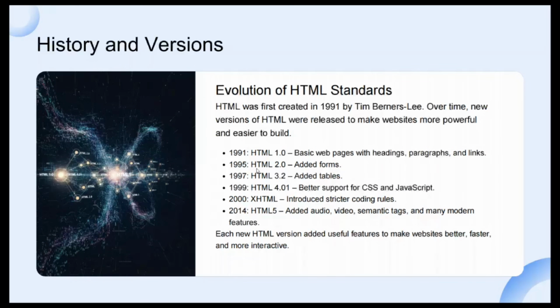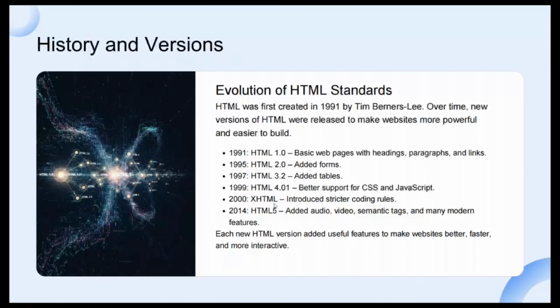And in 1995, HTML 2.0 was released with added forms functionality. In 1997, HTML 3.2 added tables. In 1999, HTML 4.01 brought better support for JavaScript.